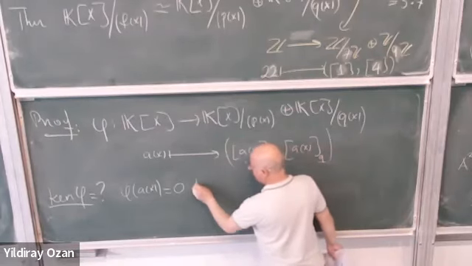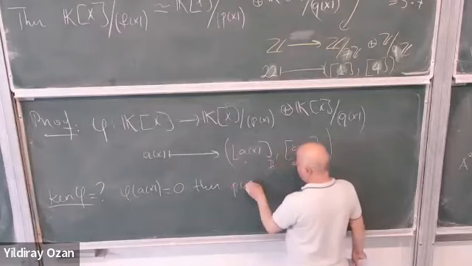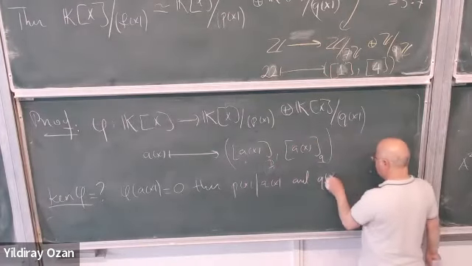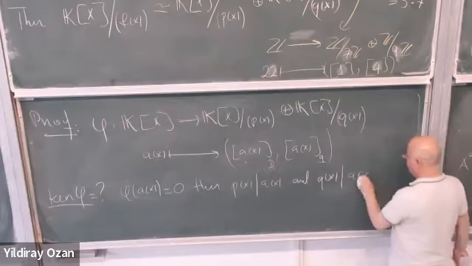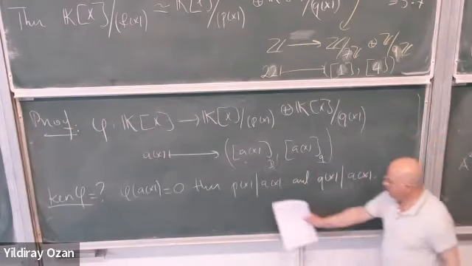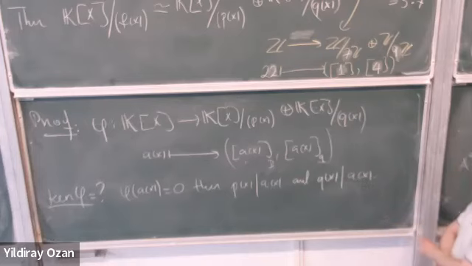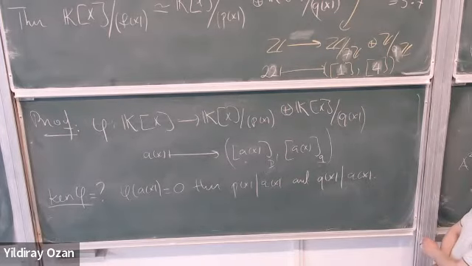This means then p(x) should divide a(x) and q(x) should divide a(x). But p and q are relatively prime. Therefore, their product should divide a(x).